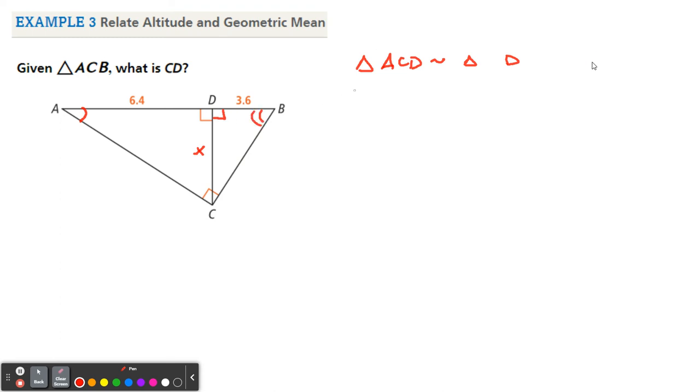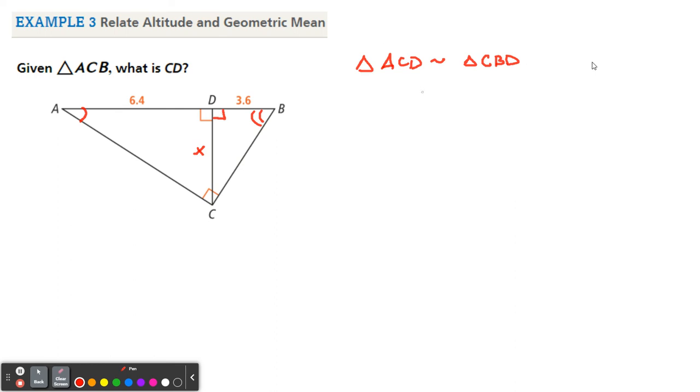So A and B will not correspond to each other. Since A went first in the medium triangle, B cannot go first. B has to go second and then C is going to go there. The idea here is that A and B are different angles, so when I put A first here, I can't put B first there. This is our correspondence. And I know it's kind of weird because the C and D don't line up, but the D's do because they're both right angles.